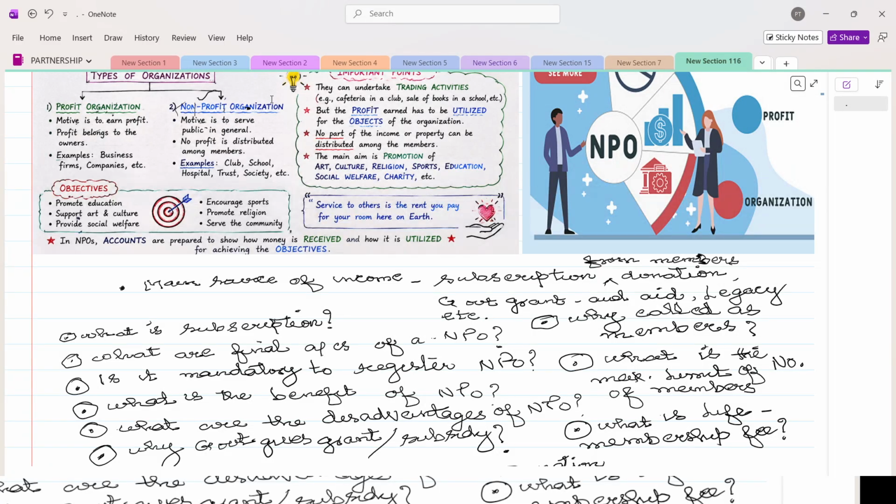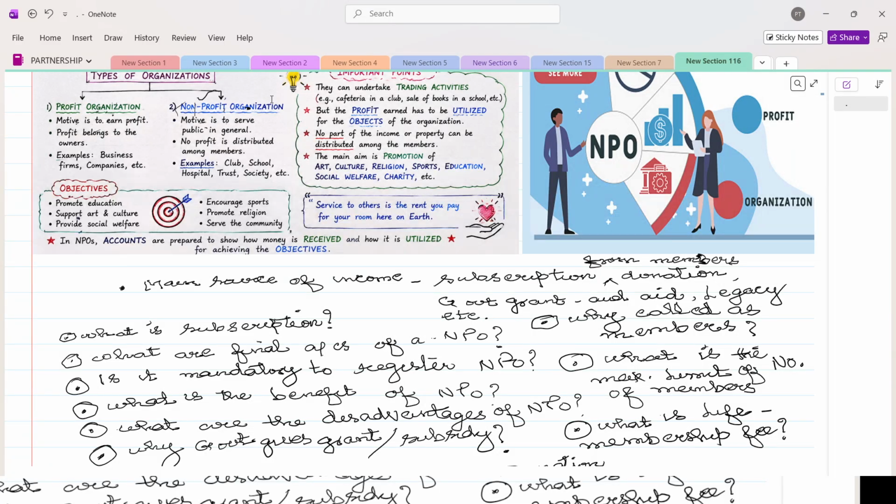So it is the duty of a democratic government to give education so that every individual becomes a good person, and it is also the duty of the government to give health to each and every one. This duty of the government is done by a group of people. That is why government gives grants and subsidies to some of the not-for-profit organizations.